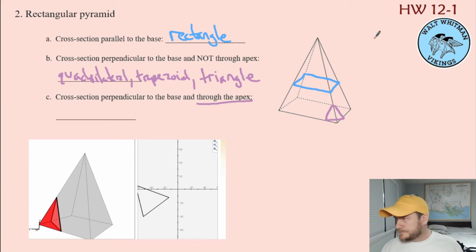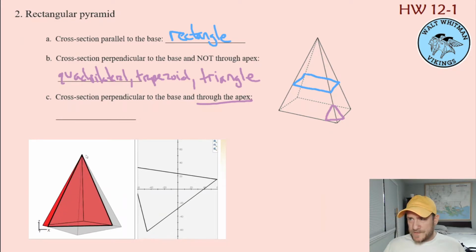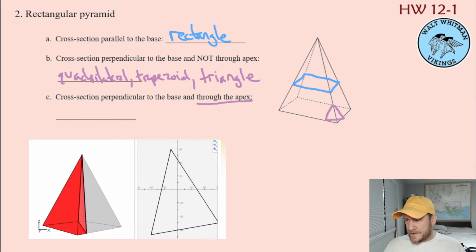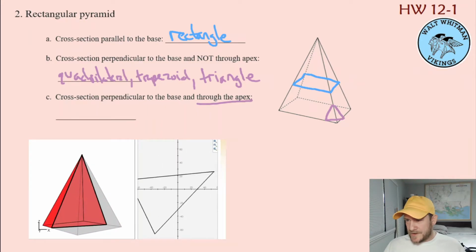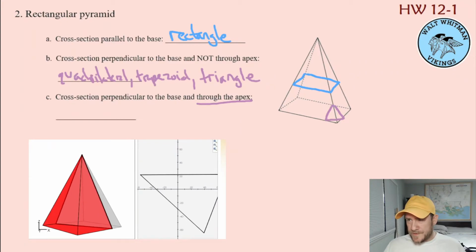And then finally, what if our cross section perpendicular to the base has to go through the apex? Well, if I have to go through the apex, then as I pull this thing in to where it touches the apex, then we see we're definitely getting a triangle. And no matter how I spin this, it's a triangle. So that's it. The only possibility when you go through the apex is a triangle.